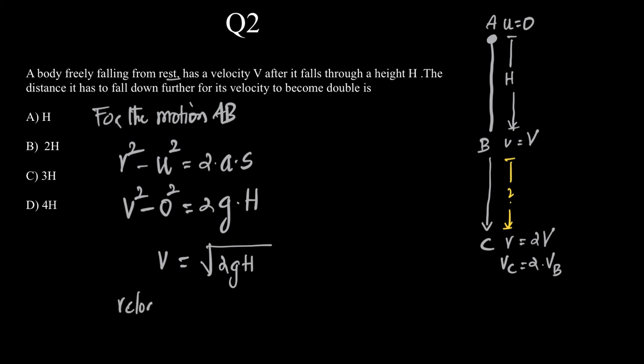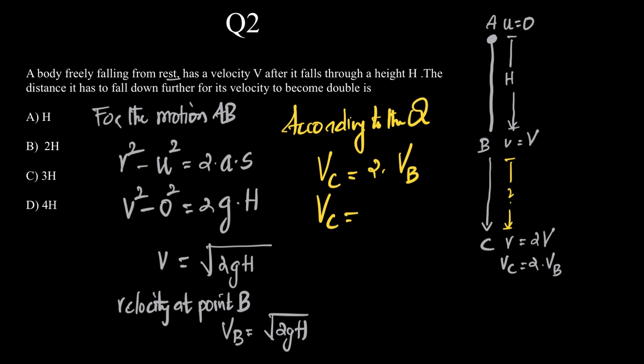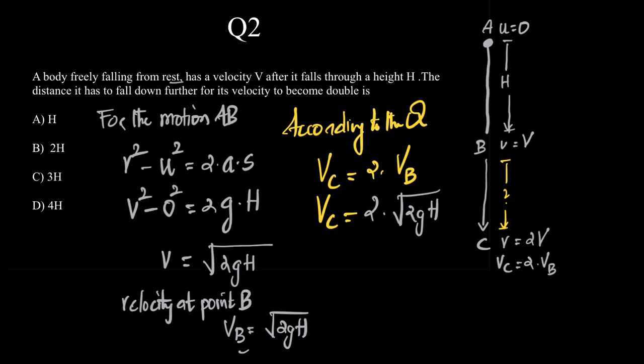V is the velocity at point B. So we can say that vB is equal to root of 2gh. Now according to the question, there is another condition given, which is that vC, velocity at C, is 2 times velocity at B, which means velocity at C is equal to 2 into root of 2gh. Now let us apply the equation of motion here. What do we get?